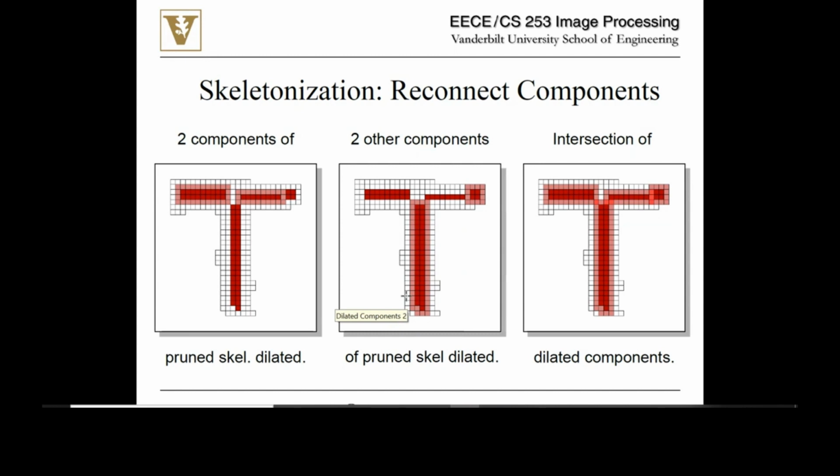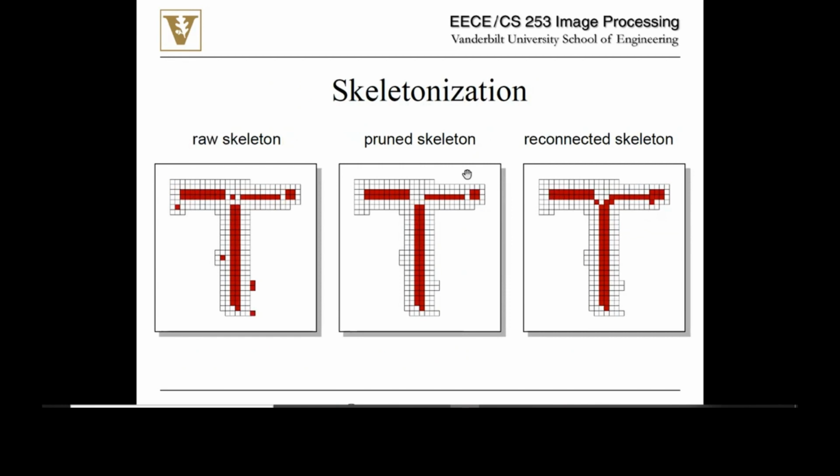You have a few pixels that appear in these intersections, the ones halfway between full red and white. These ones here are in these intersections. The pixels that appear at the intersections are the ones you need to make all these components connected, and you add them. So you add those pixels, and now you have a connected skeleton.